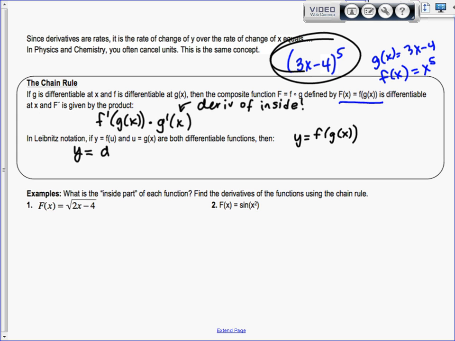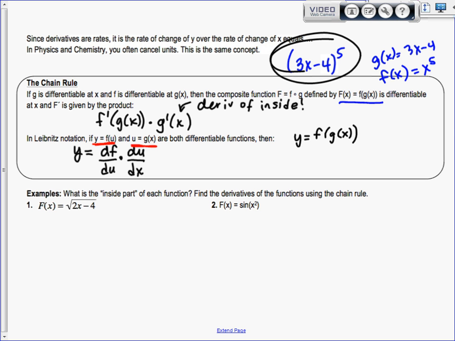We take the derivative of f in terms of u. We take the derivative of u in terms of x. You end up getting the derivative of f in terms of x. So do you see your original functions? y was in terms of u, and u was in terms of x.